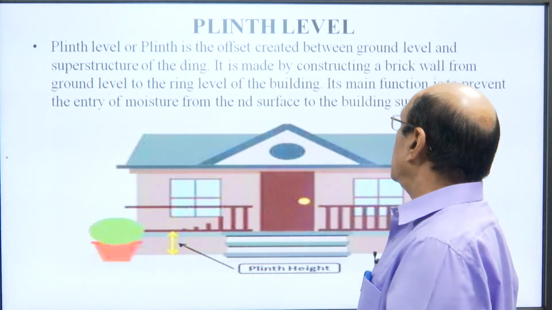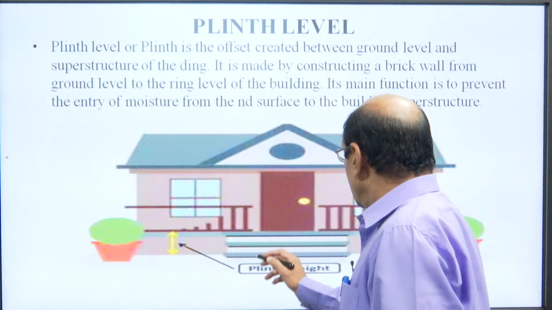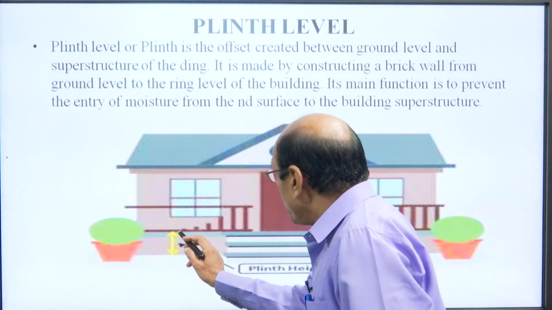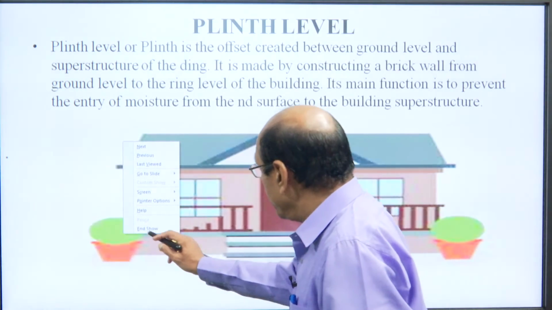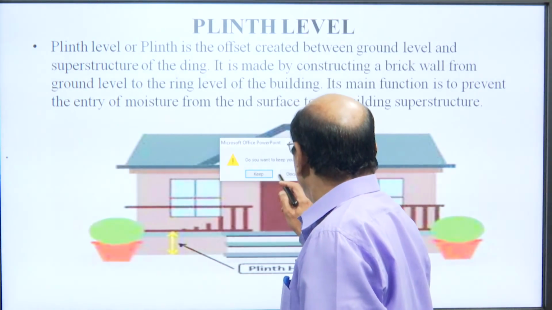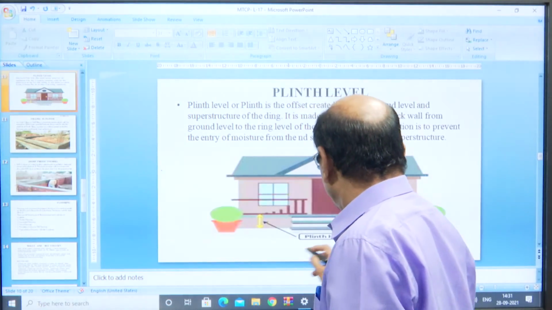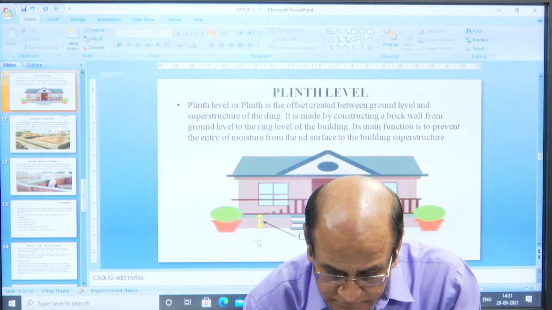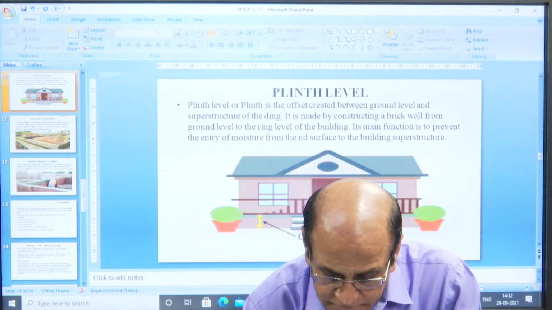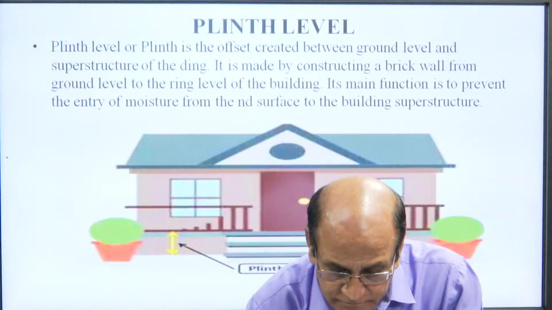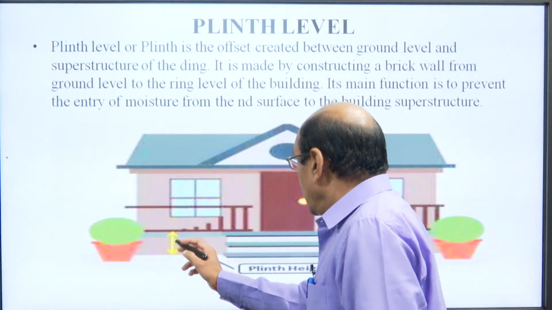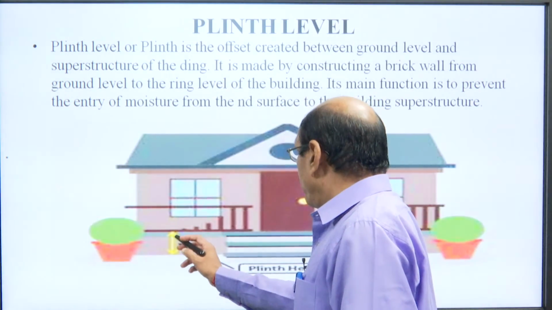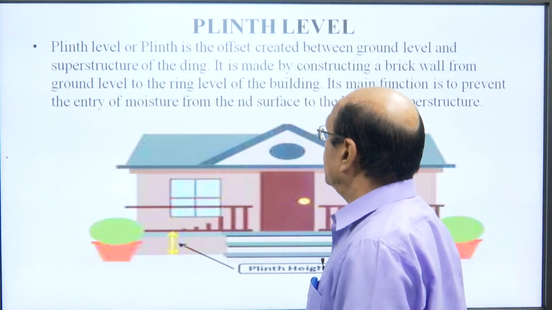Now, come to the next one, that is plinth level. You see here, this is a building where from the ground to the top of the plinth is the plinth height.